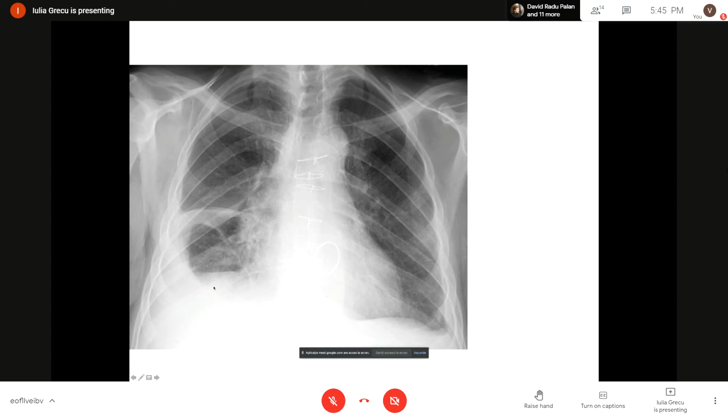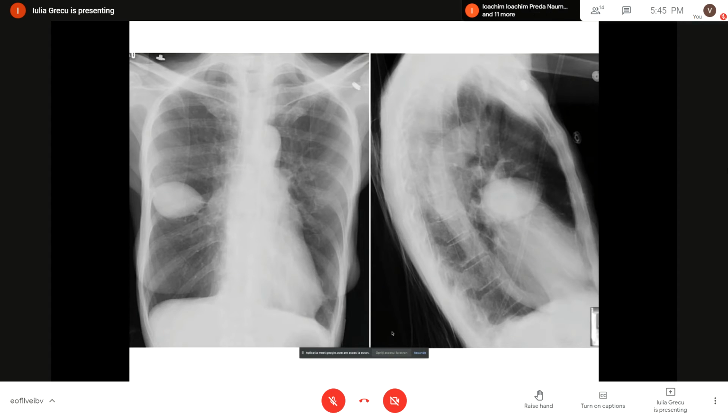Before we do that, do you have something to say about the other costodiaphragmatic angle on the left side? I don't know. Probably it's the same thing, but I cannot tell for sure. You can be sure because the normal aspect of a costodiaphragmatic angle is this kind of sharp angle that you have on both sides.